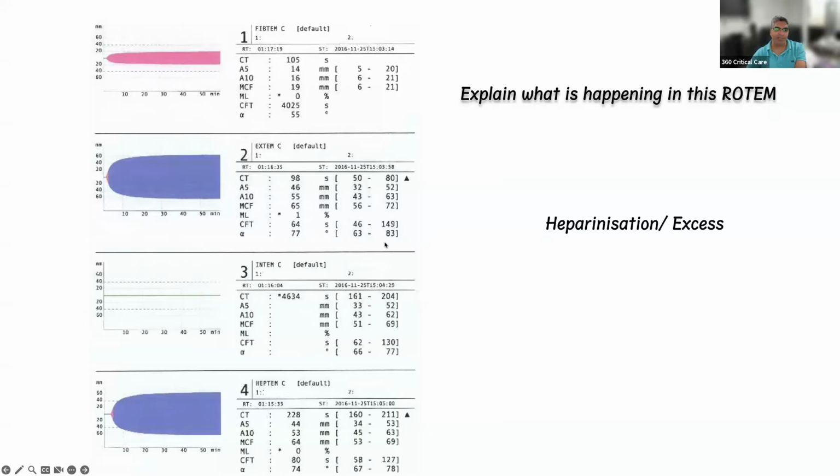I cannot make out what is factor 7 deficiency, right? We talked about this. Now in INTEM, what is happening? The clotting time is abnormal. It gets corrected in HEPTEM. Okay, what does that mean? The patient has heparin on board, right? The INTEM, which is completely abnormal, gets corrected in HEPTEM. That means there is a heparin effect. So you give ROTEM to this patient.